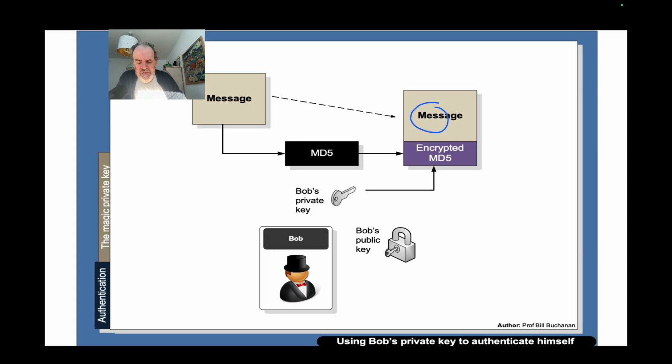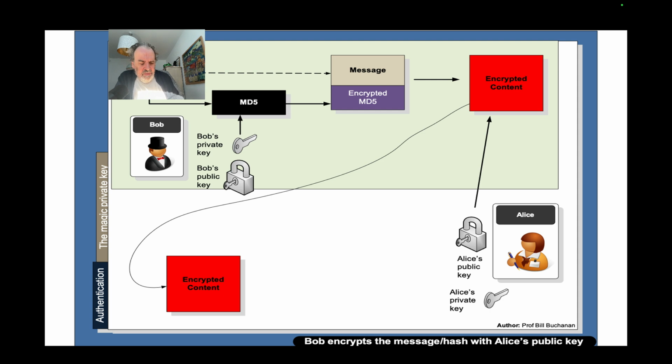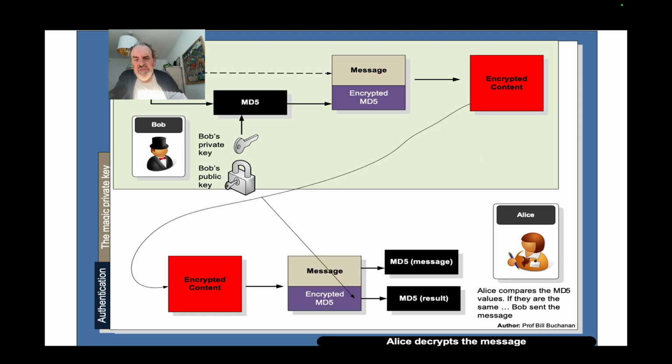So let's take that through step by step. Take the message, encrypt a hash of the message, then we'll take Alice's public key to create the encrypted message. We'll then decrypt that with her private key, so she can read the message and she'll have this signature.